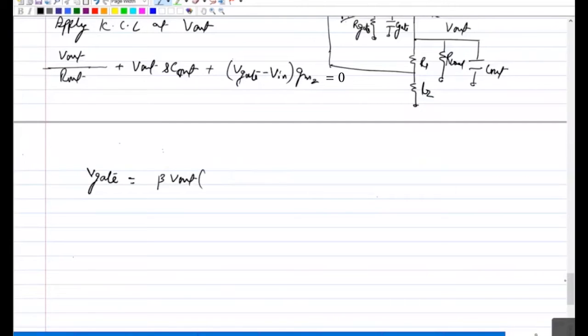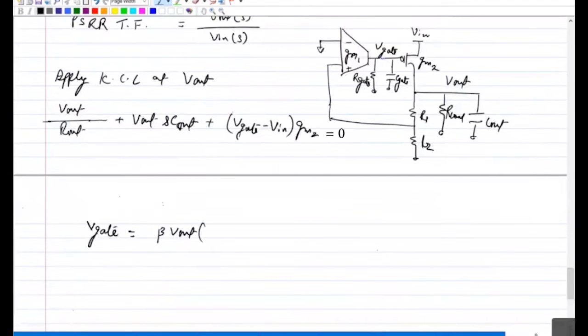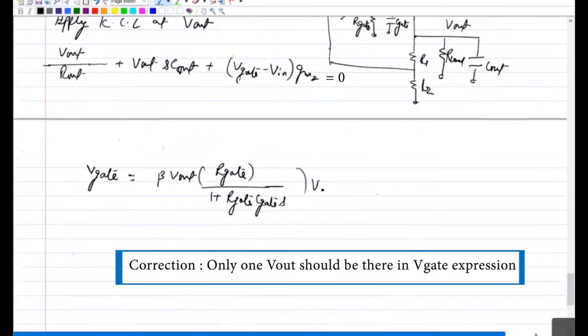What is that Z of gate? R gate over 1 plus S R gate C gate. Okay, so now you just substitute this and multiply it by V out.